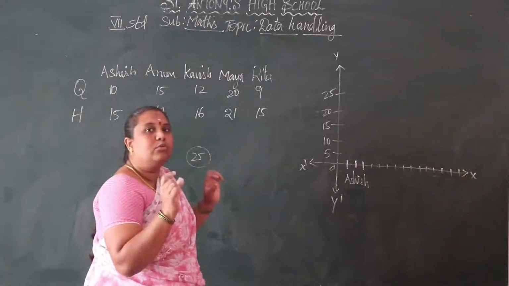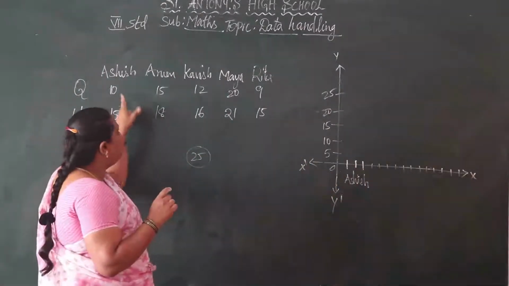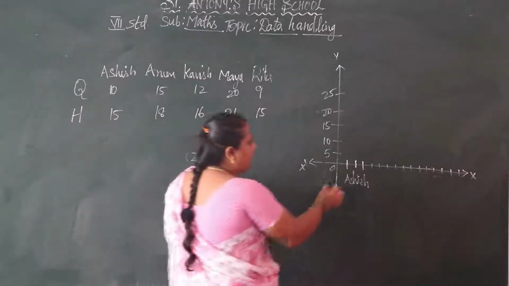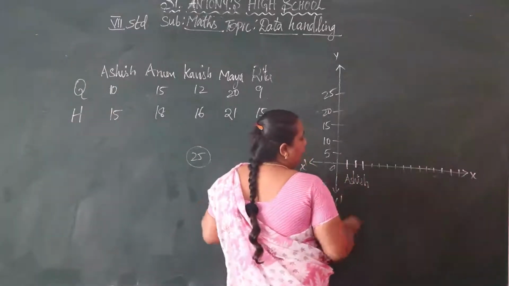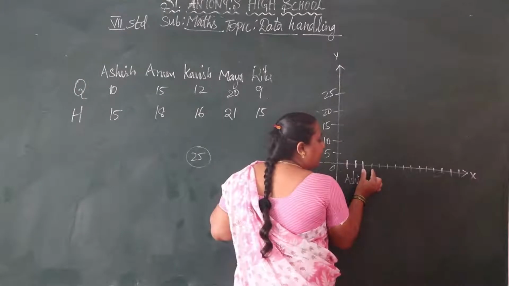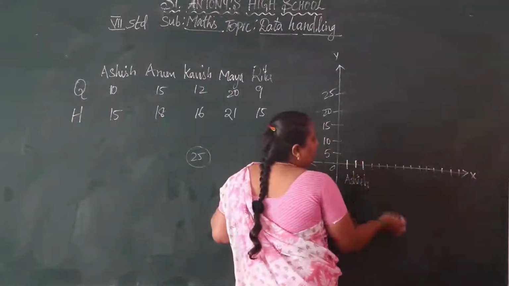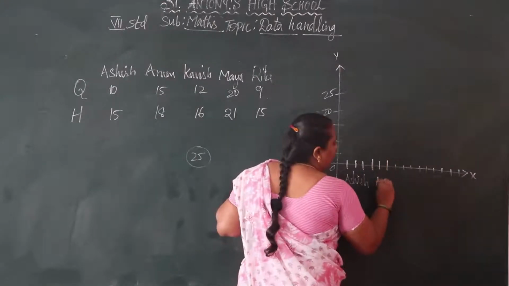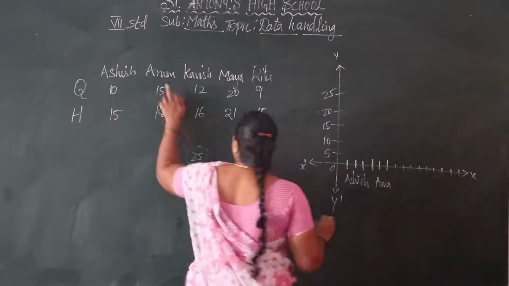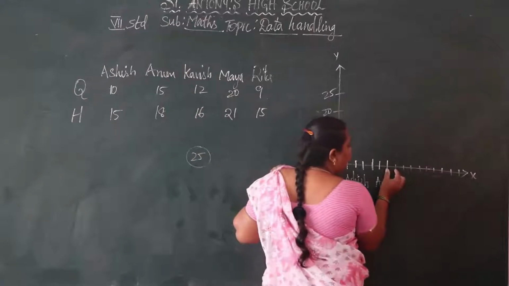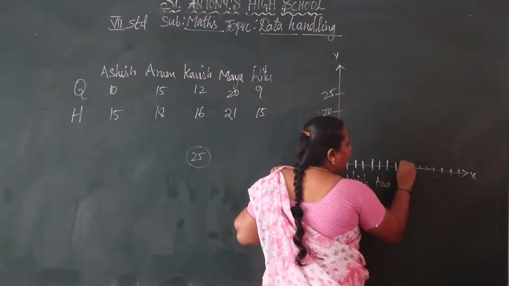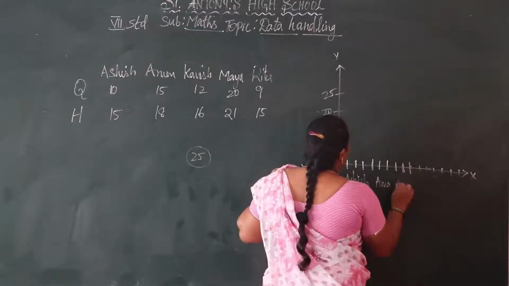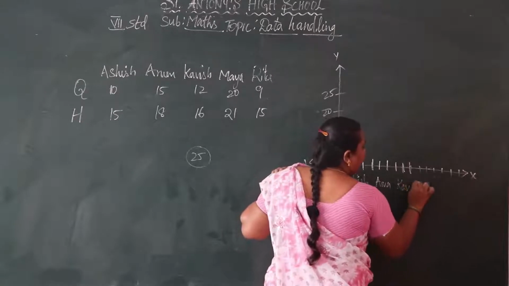So for 1 observation we take 2 units on the x-axis, and after that we leave 1 unit. Then we take another 2 units for Arun, and then leave 1 unit, and then 2 units for Kavish.